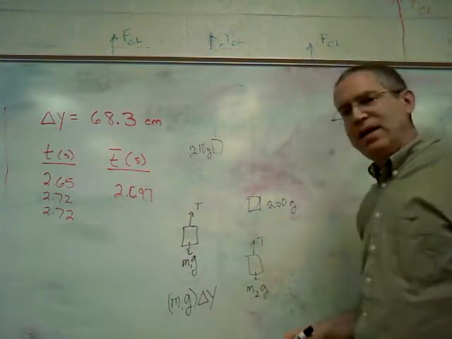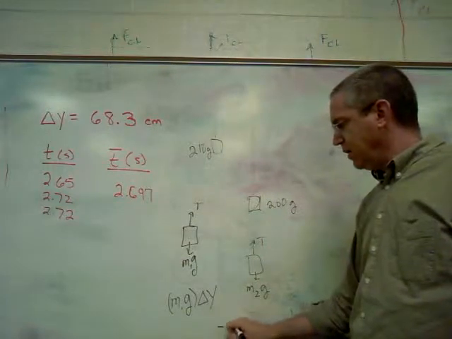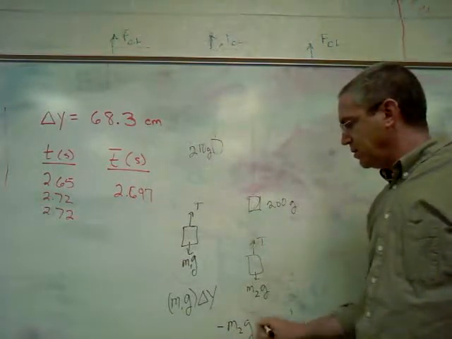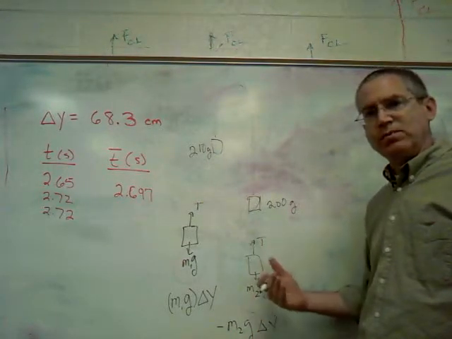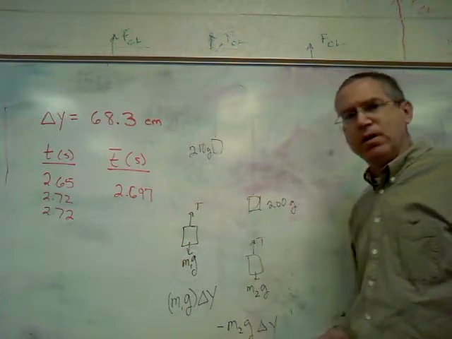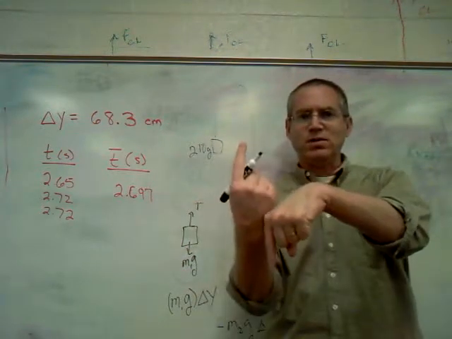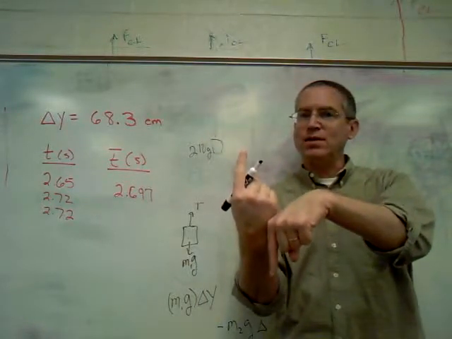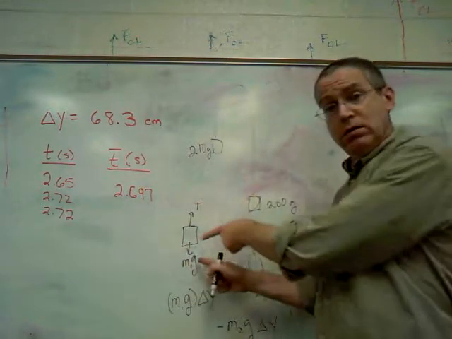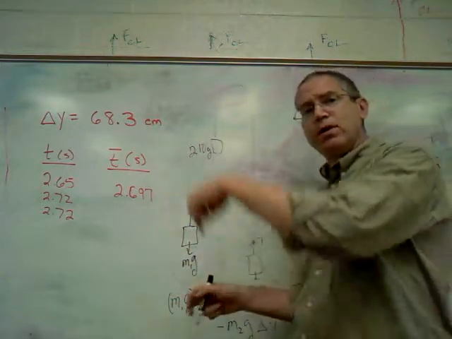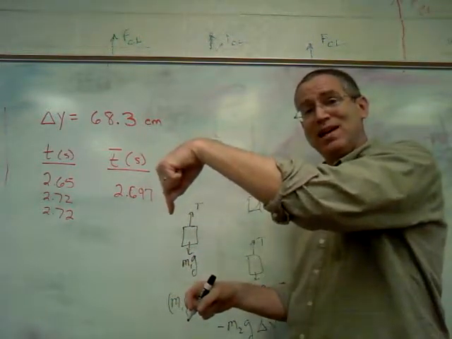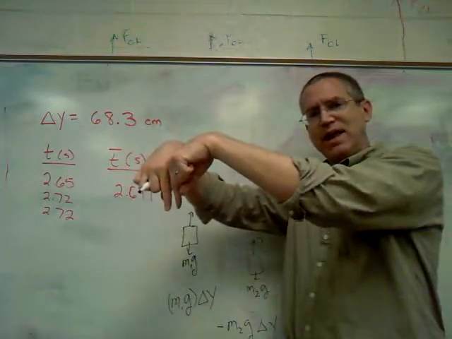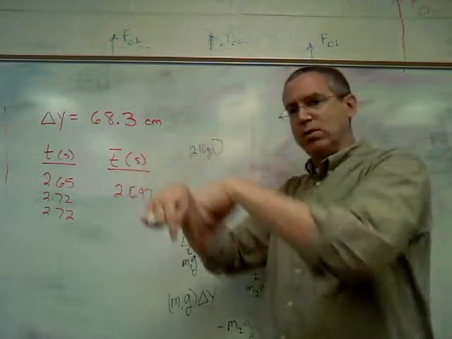This one right here, it's going to be negative work, and so negative M2G times the displacement as this rises. This is negative here because the force is down, but the displacement is up. If the force opposes the motion, it's negative work. Over here, this is going to be positive work because the weight is down, the force is down, and the displacement is down. They're in the same direction, so it's positive work.